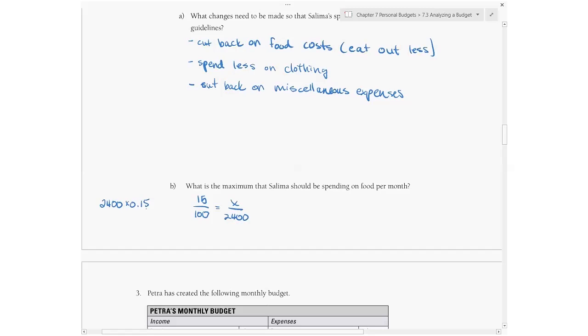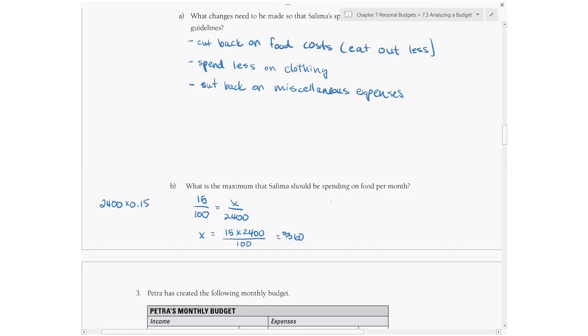It's exactly the same thing, okay? So here I'm going to do 15 times 2,400 divided by 100. 15 divided by 100 is 0.15, so 0.15 times 2,400, which equals $360.